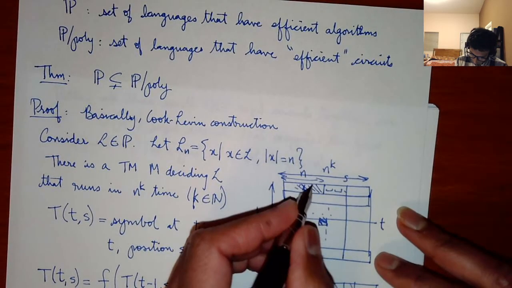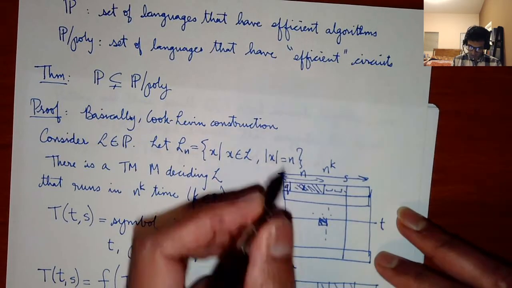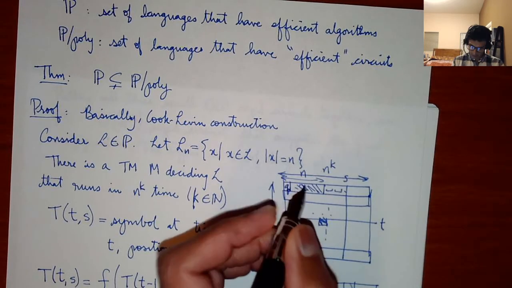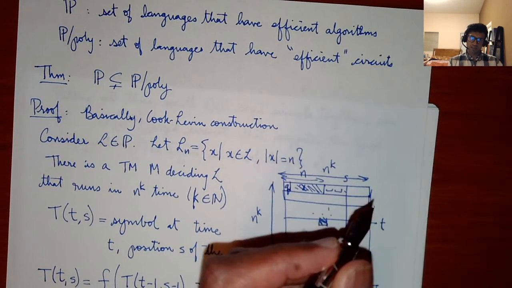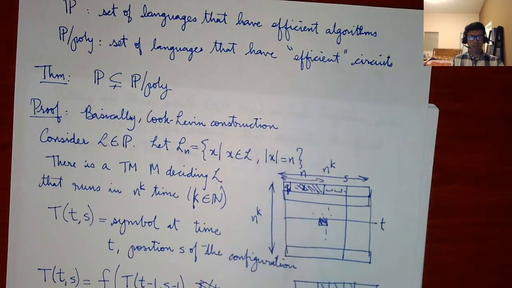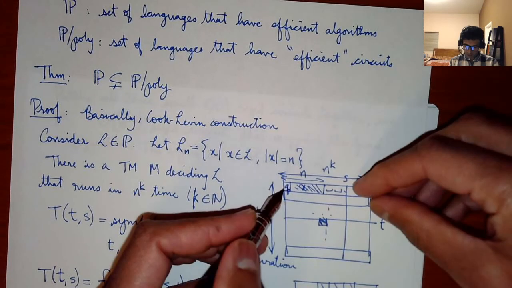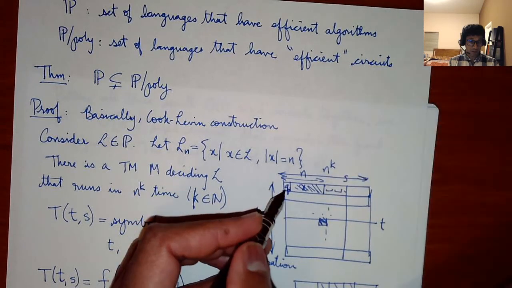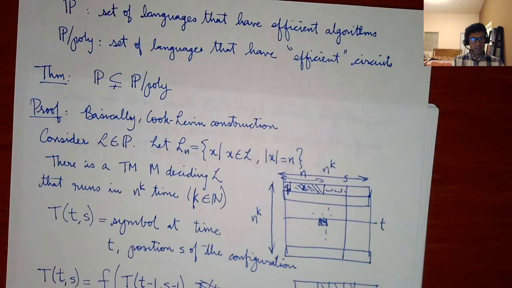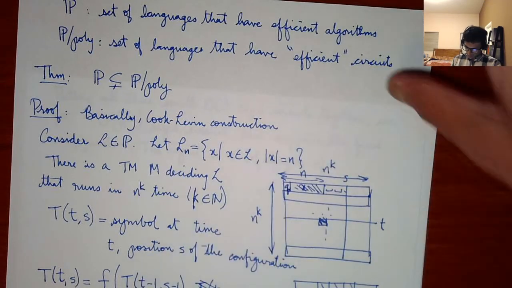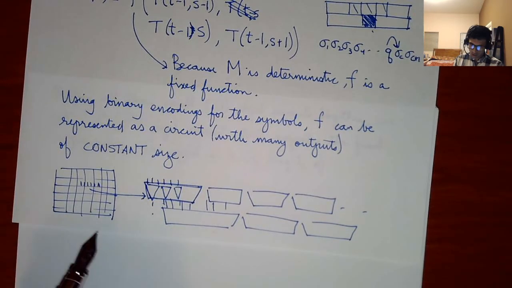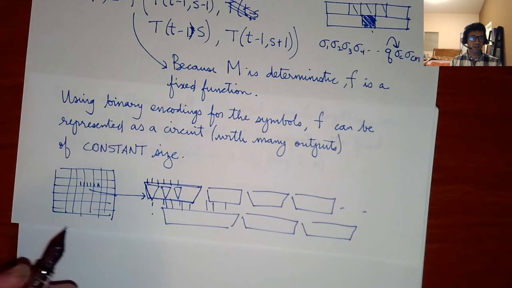So the input is going to have the starting state Q in the beginning, and then there are going to be these n bits that represent the input, and then you've got a bunch of spaces or blanks to represent the rest of the tape. And so the only input is really x. Everything else is pre-configured. So you pre-configure Q, which is the starting state of the Turing machine, and you pre-configure the spaces, and then all you need to get is the input x. You stick x in. There is going to be this n^(2k) sized circuit, and the final output of the circuit is the final configuration.